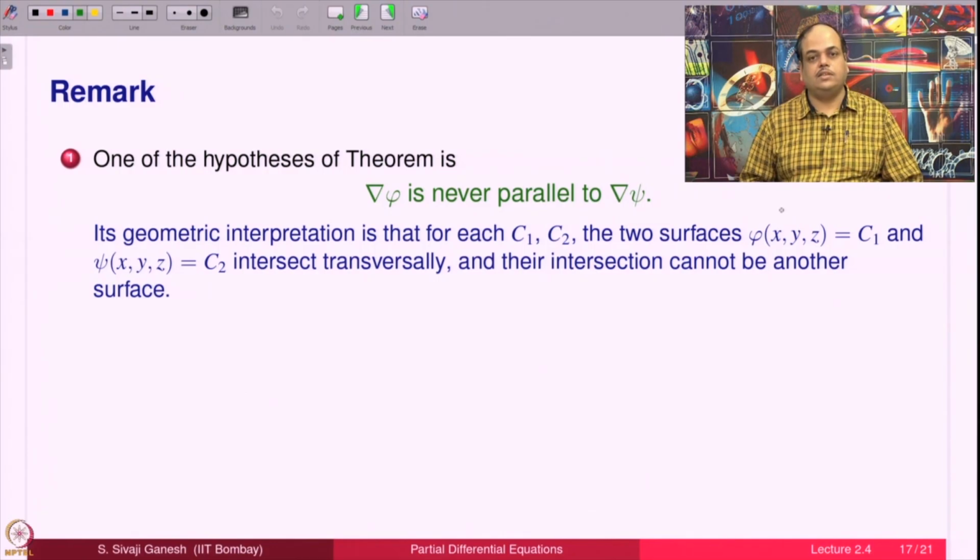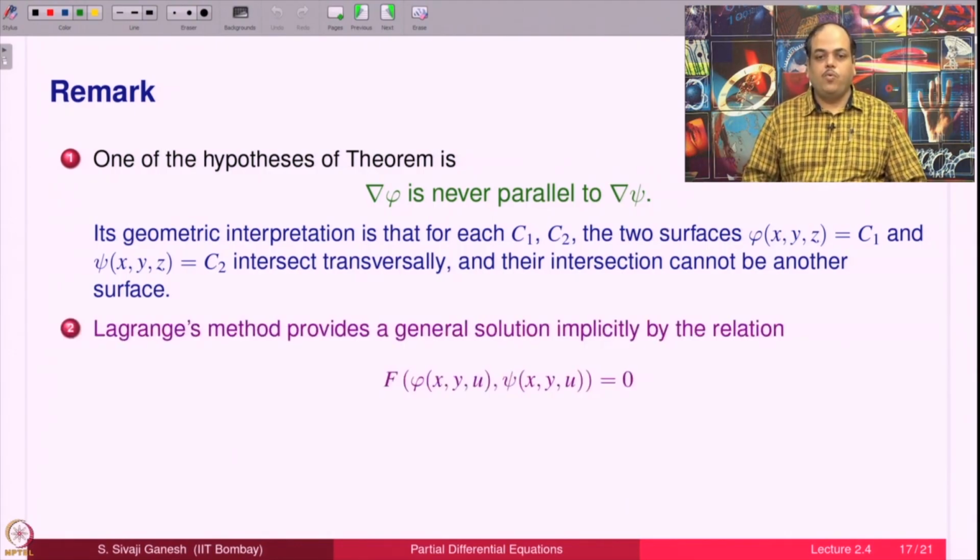Therefore, the tangent planes will have different directions at every point common to both surfaces phi equal to C1 and psi equal to C2. At such a point, look at the tangent plane for phi equal to C1 and the tangent plane for psi equal to C2; they do not coincide at all. That is the assumption we are making, that grad phi is never parallel to grad psi anywhere.